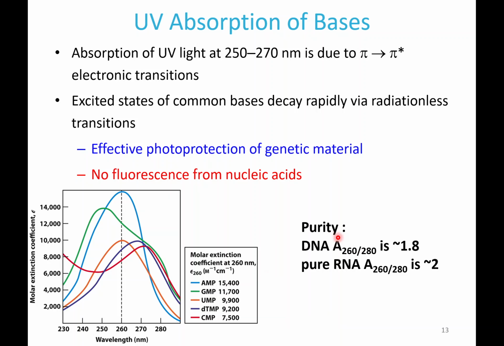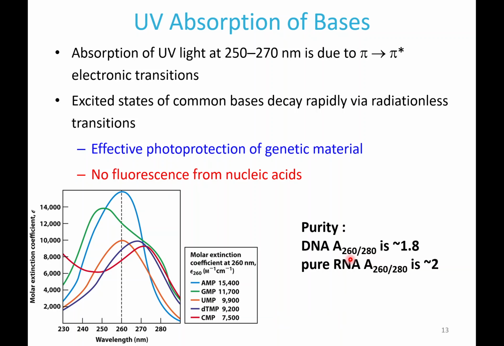You can use the absorption numbers for DNA and RNA to tell how pure it is. You can measure concentration by it, and you can tell how pure it is. And the way you do the purity measurements is that you do a ratio of the absorption at 260 nanometers divided by the absorbance at 280 nanometers.